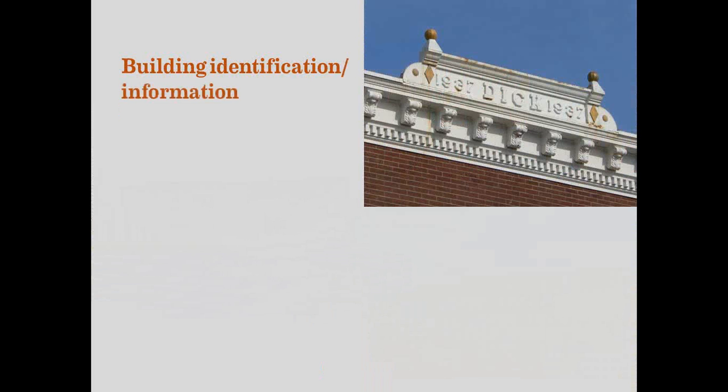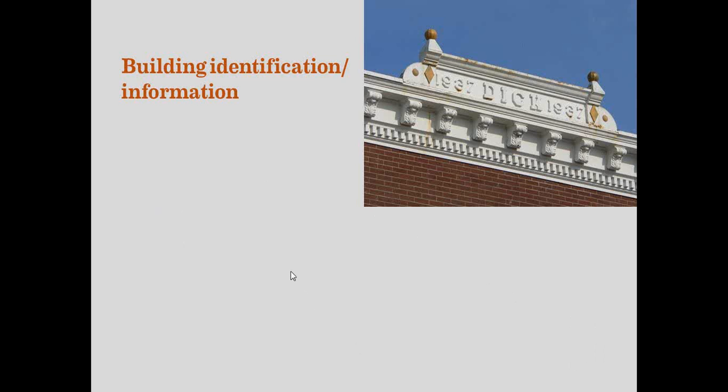Some building identification can be without having anything to do with the business, and that typically occurs on cornices, pediments, and parapets, where the original building owner is identified along with the construction date of the building. I count these as signs too because they provide information.